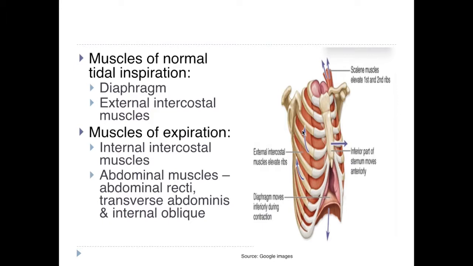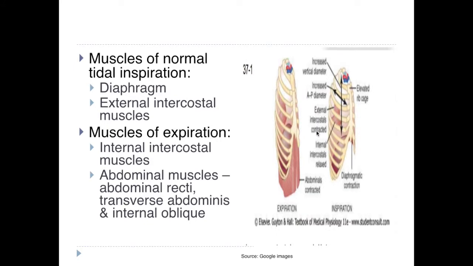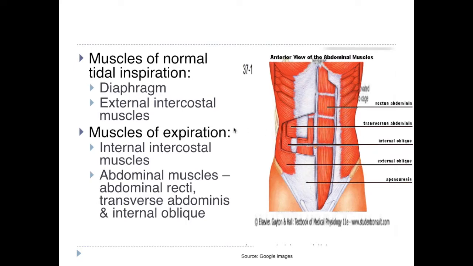Normal expiration is a passive process, and it does not require active contraction of any muscle. So muscles for expiration are always muscles for forceful expiration, and they are the internal intercostal muscles. You can see here, these are internal intercostal muscles, as well as abdominal muscles.